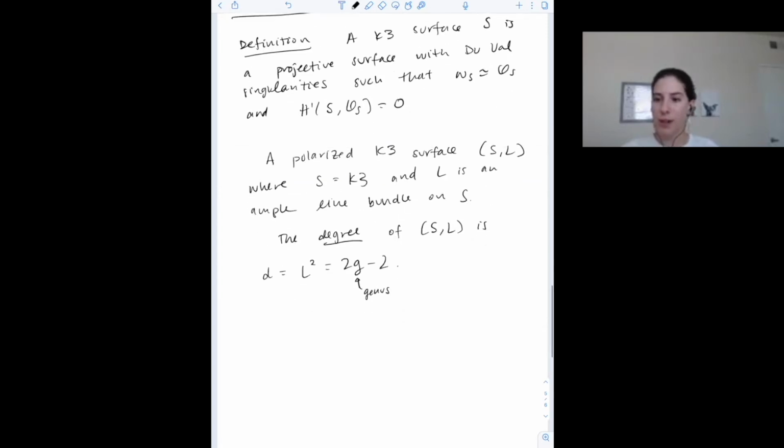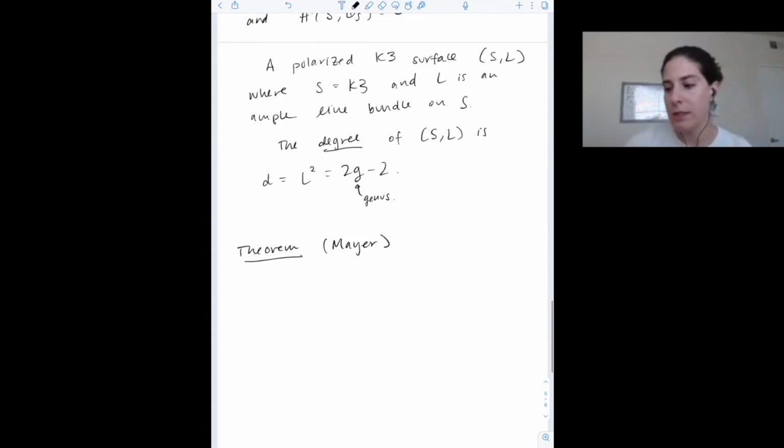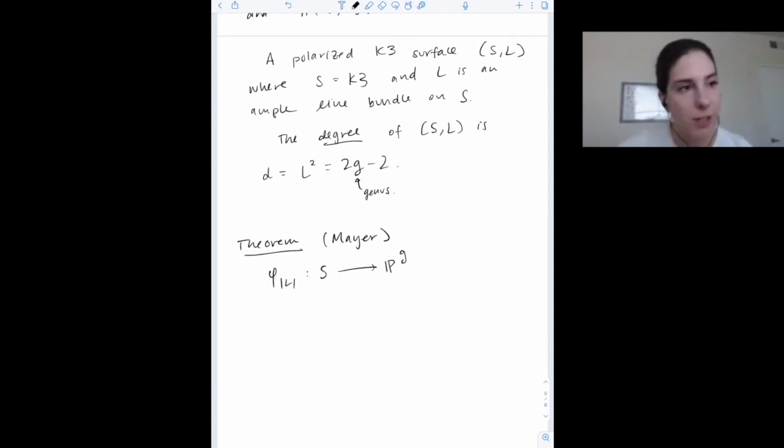And these numbers are relevant because there's a structure theorem for K3 surfaces of this form, depending on these numbers. This is, I think, originally due to Mayer, and it says, if I consider this line bundle L, it defines a map from S to P^G, where G is that same G in the genus in the definition above, and there are 3 possibilities for this map.